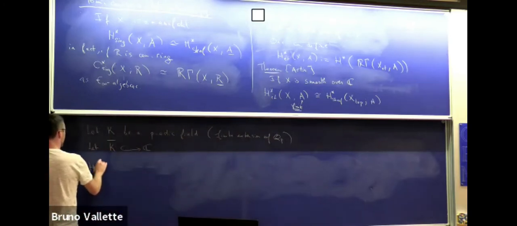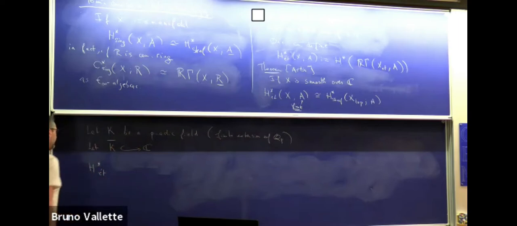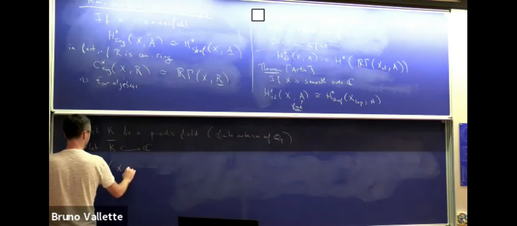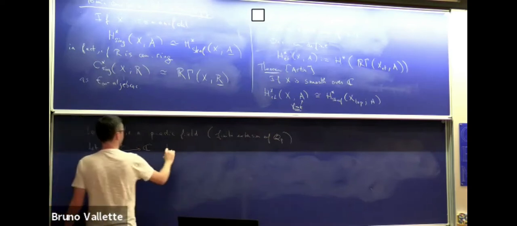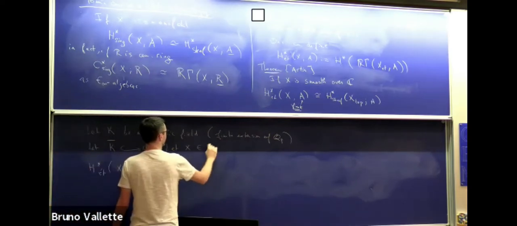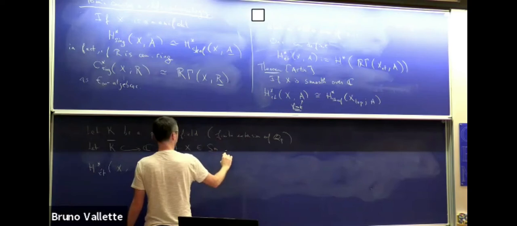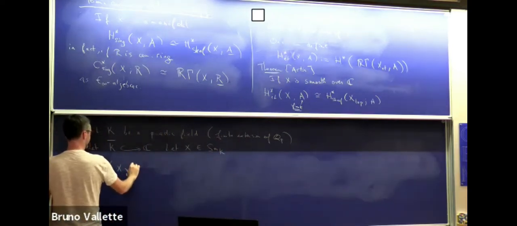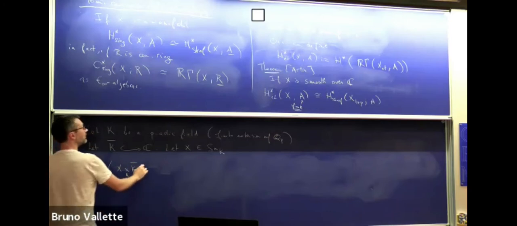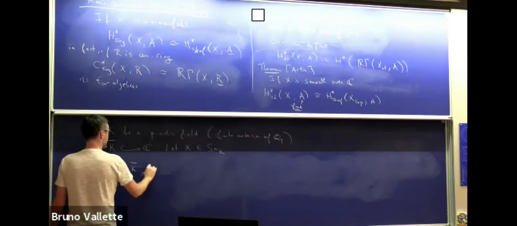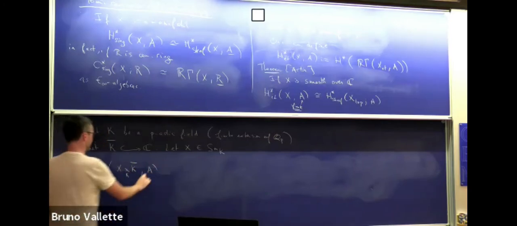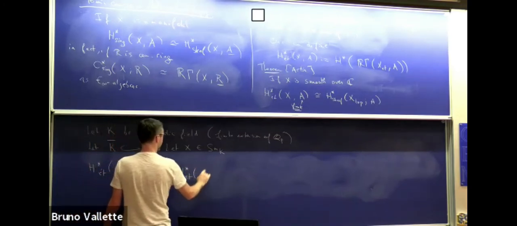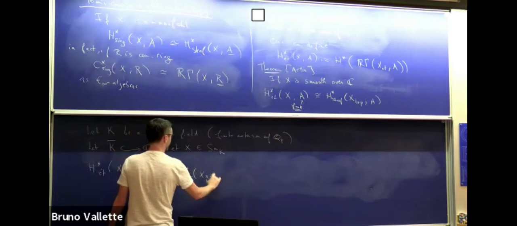Now let X be a smooth scheme over K. You can relate the étale cohomology of the base change of X from K to K bar with coefficients in A to the étale cohomology of the base change from K to the complex numbers.